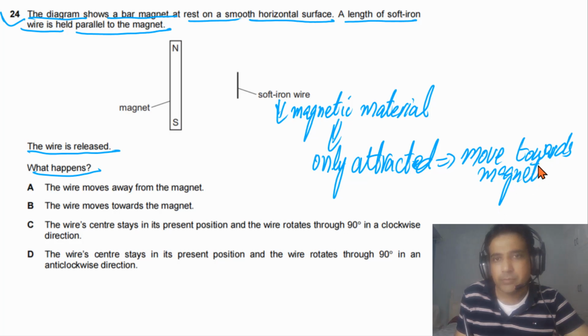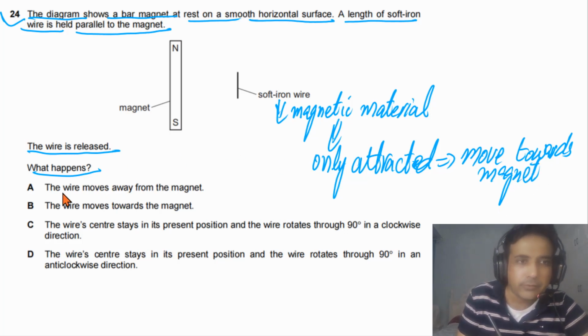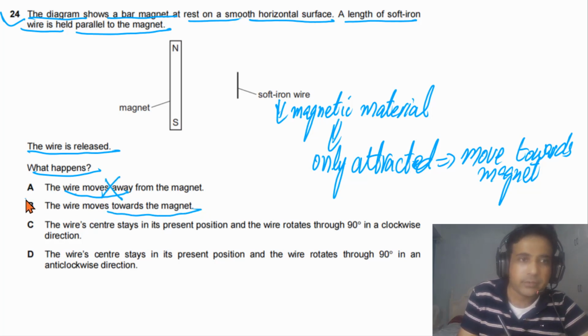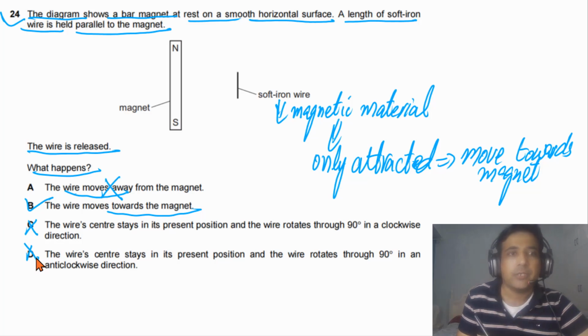This is the concept you need to understand. If you look at the given options, moves away is incorrect. The wire moves towards the magnet, this one is correct. C is also incorrect and D is also incorrect. So the answer for this question is B.